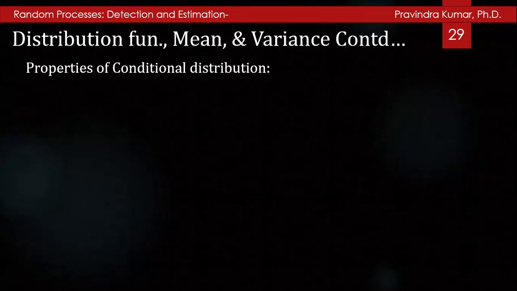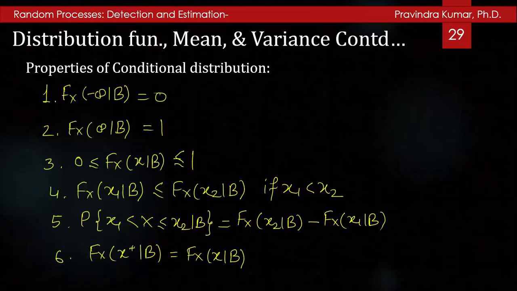Now the properties of the conditional distribution: F_X(-∞|B) is 0. F_X(∞|B) is 1. The conditional CDF F_X(x|B) lies between 0 and 1.